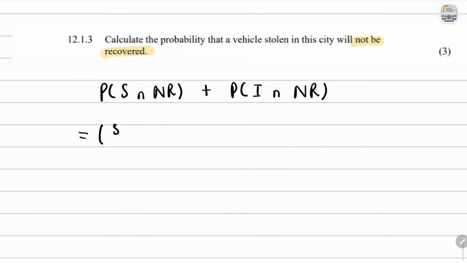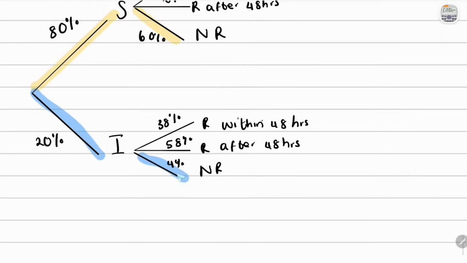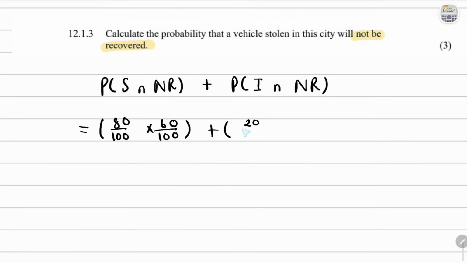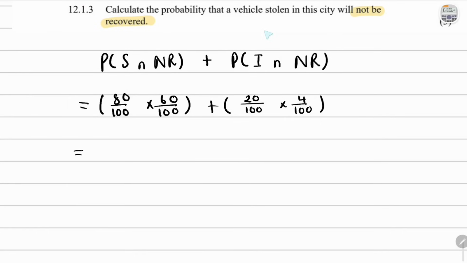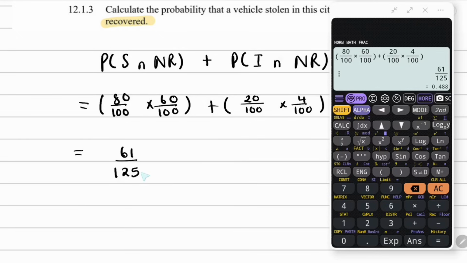So here we're going to say 80 over 100, 80%, times 60 over 100. And then plus individual and not recovered is 20% times 4%. And so that is 20 over 100 times 4 over 100. Okay, and let's go ahead and find this. Okay, and the answer to that is 61 over 125. And that is our answer.